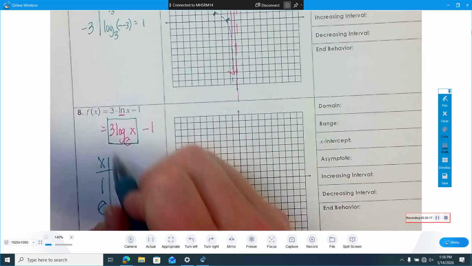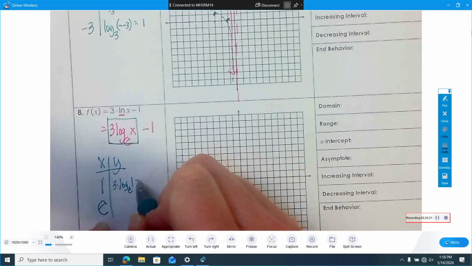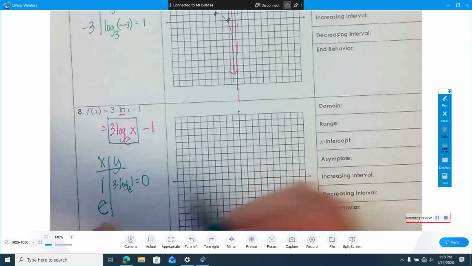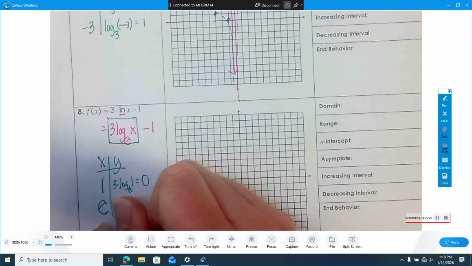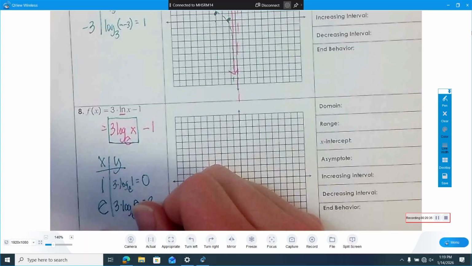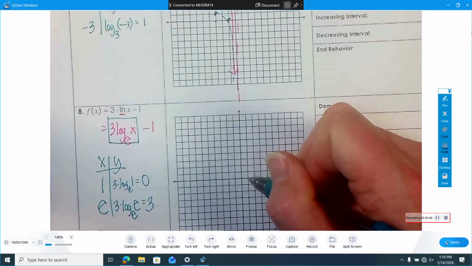So if I plug in my 1, I'd have 3 times the log base e of 1. Again, what is that going to give you? 0 every single time. And then 3 times log base e of e. What is log base e of e? 1 times 3? 3. And so we have the point (1, 0).